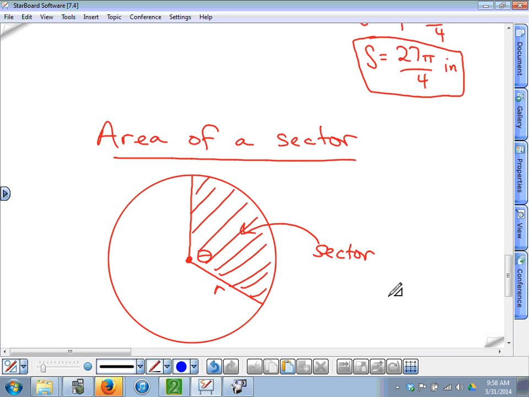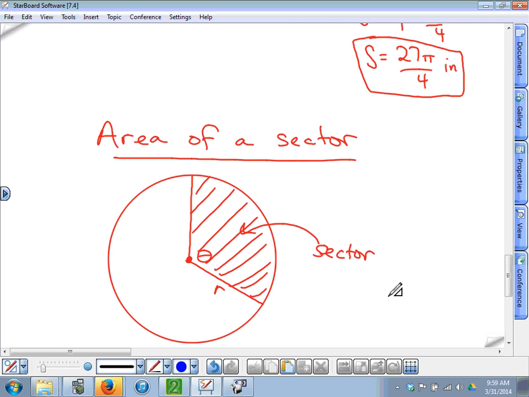A sector is just a portion of the inside of a circle. The whole entire inside is the area of a full circle. What's the formula for that, by the way? Does anybody remember what the area for a full circle is? Pi r squared. You have not heard of that formula ever?